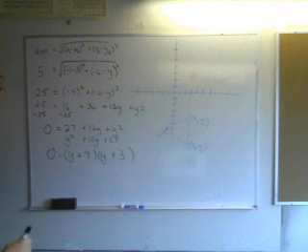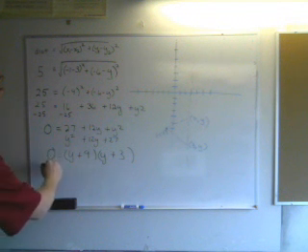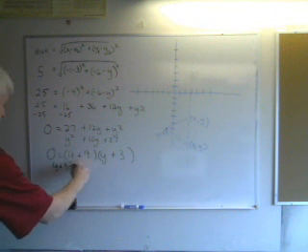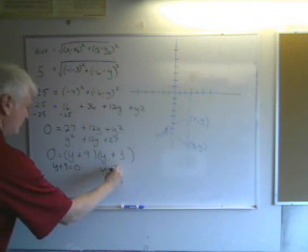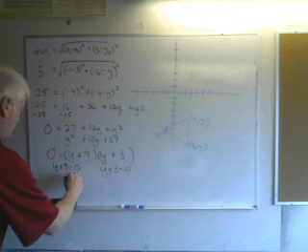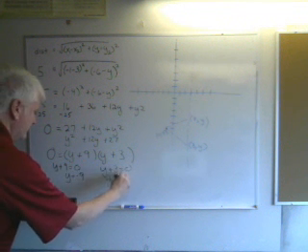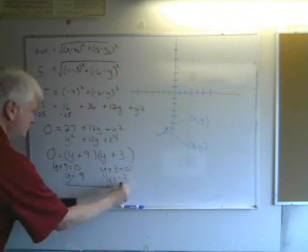We have two things that multiply together to give 0. What we know is then one of them is 0, and so we have either y plus 9 equals 0 or y plus 3 equals 0. Therefore, y equals -9 or y equals -3. And those are the two values.